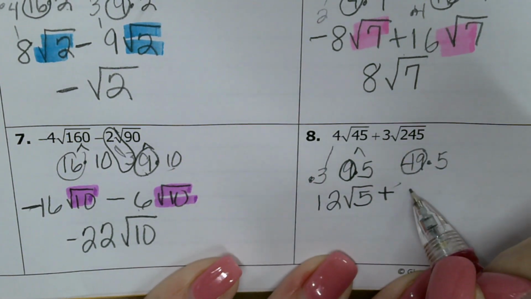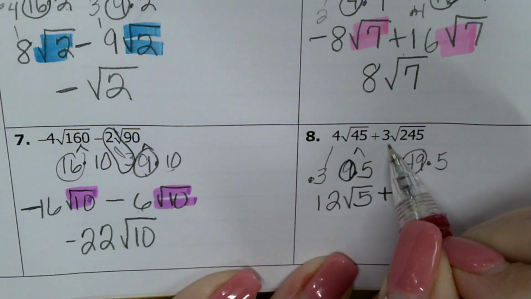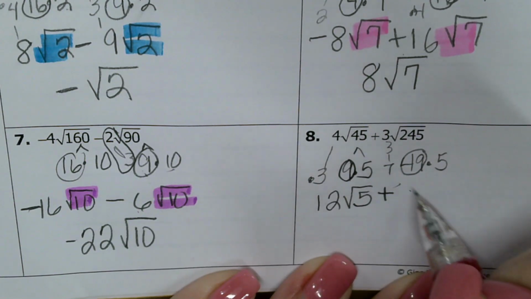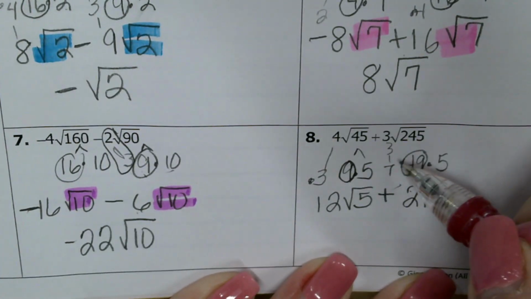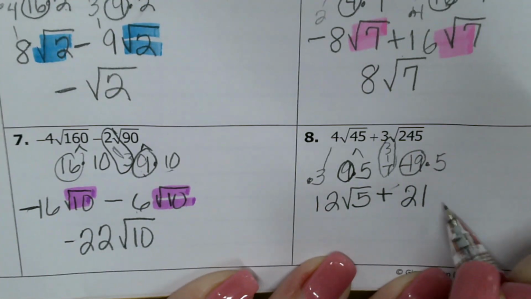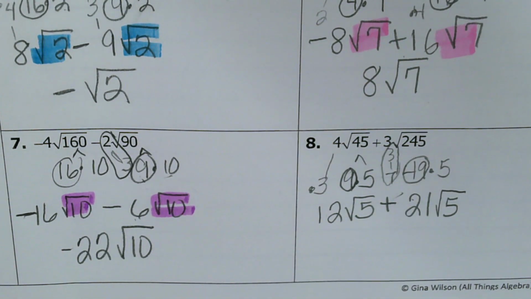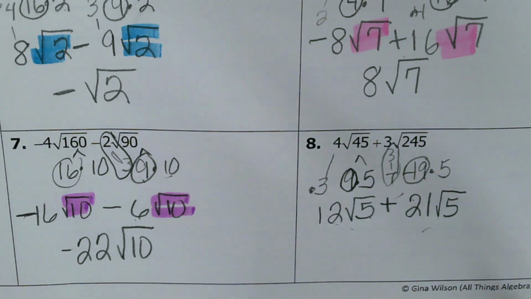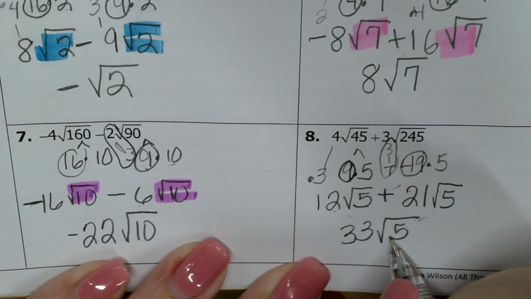So see right here, what's this number going to be? 21. Okay, do you see how I got 21? I multiplied the 3 into 7, and I keep the leftover in the fridge. Now, do I have common? Yes. Yep, I'm adding. What's 12 plus 21? 33. Square root of 5.